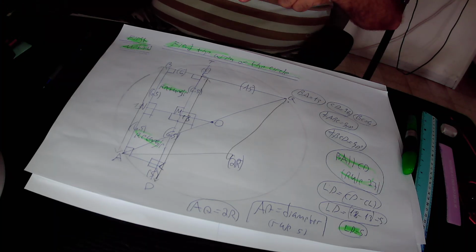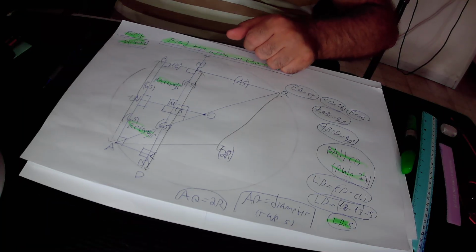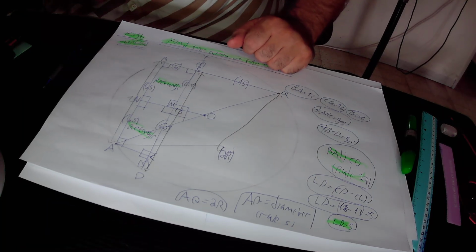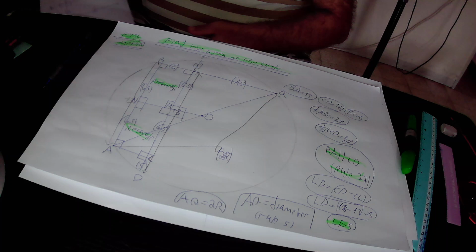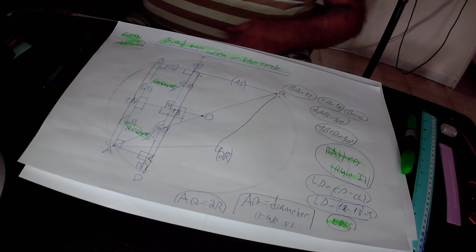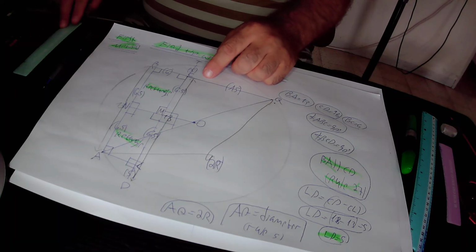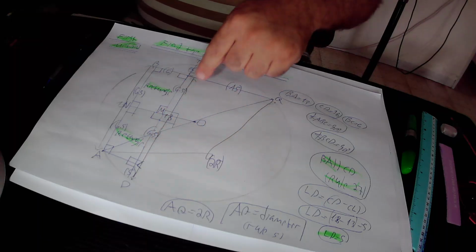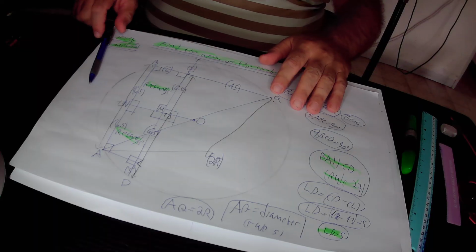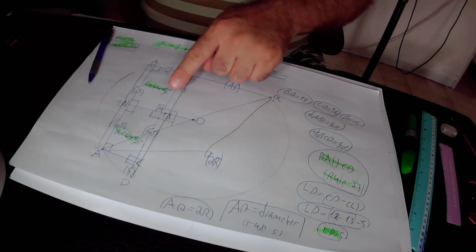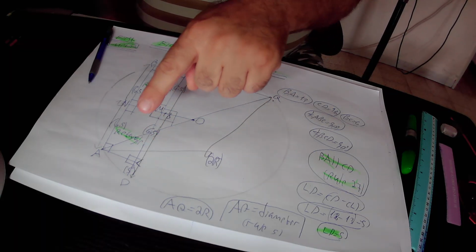This point is point T. By doing this construction, we created chord TD, and we have perpendicular OM towards chord TD.